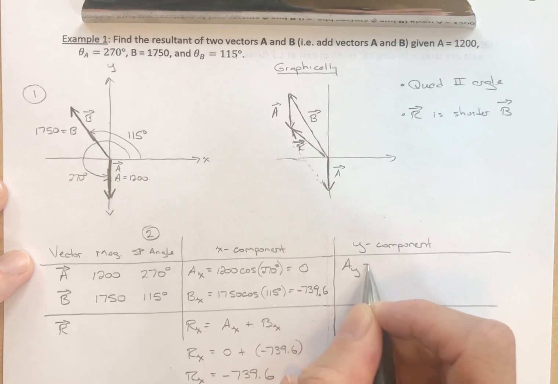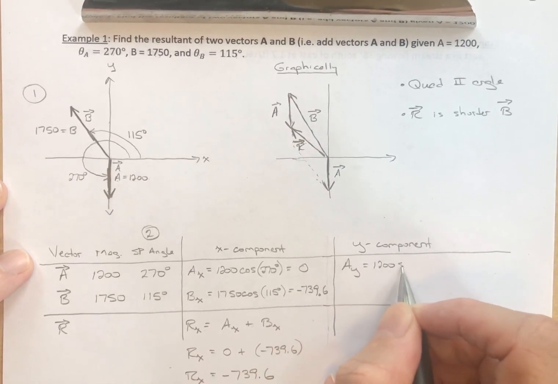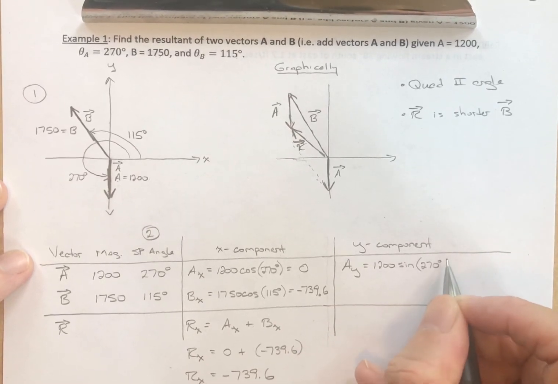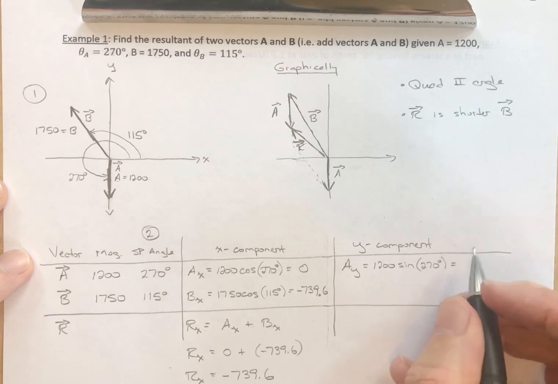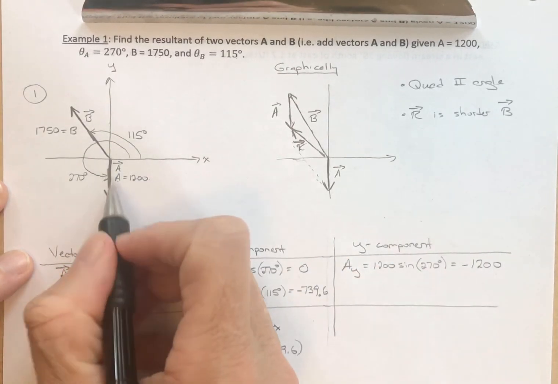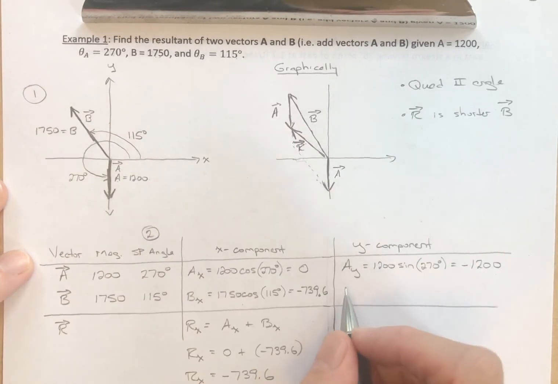Okay, now let's do the y component. A sub y is a sine function, so 1200 times the sine of the angle. The angle again is 270 degrees. I did the math with the calculator and you get negative 1200, and that makes sense. It's down, so it's negative 1200 in the y direction.